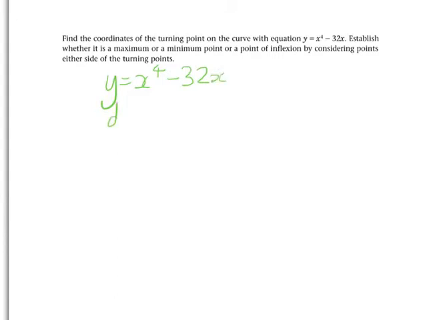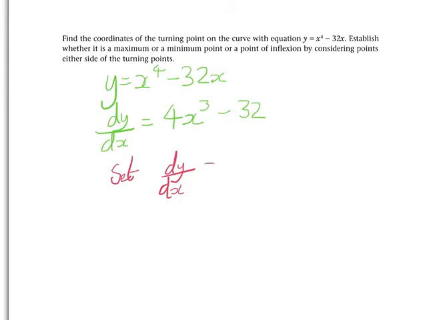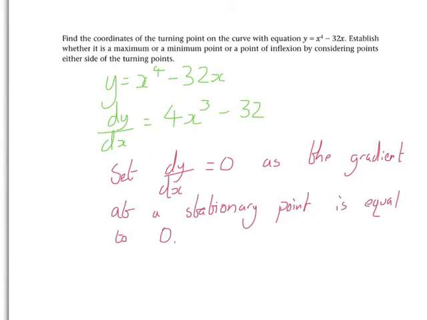If we differentiate this with respect to x, we get 4x cubed minus 32. Now remember, we're going to set dy by dx equal to 0 as the gradient at a stationary point is equal to 0.